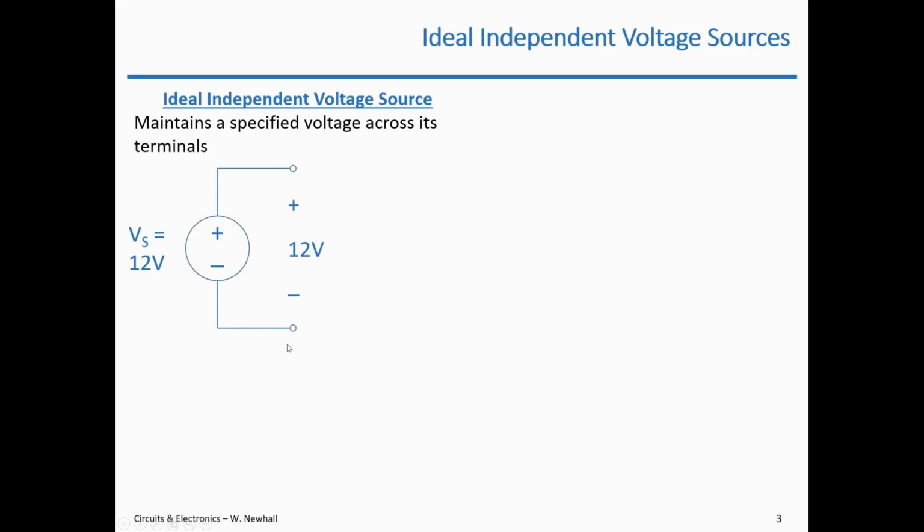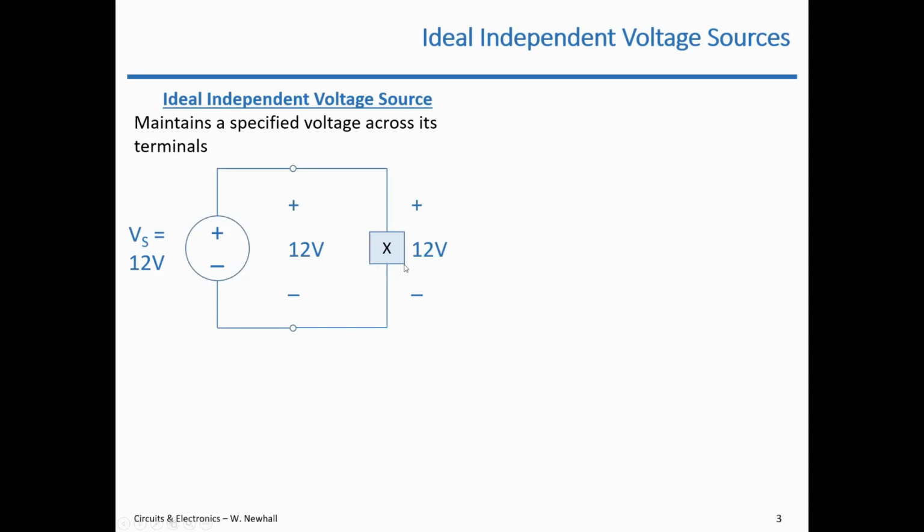It's helpful to talk about what this long name means, four words to describe a circle. Let's talk about that, right? Because what it means is that if you connect anything across its terminals, that ideal independent voltage source will be able to maintain its specified voltage across whatever you connect to it.